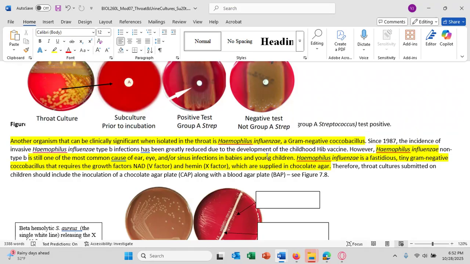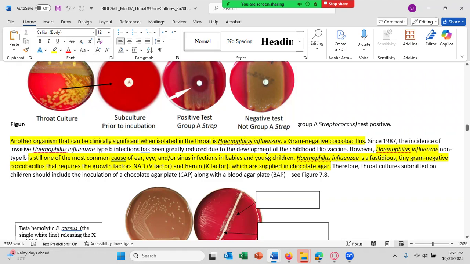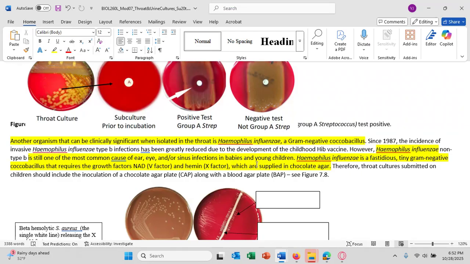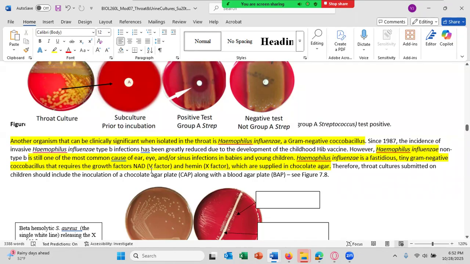Not so much in older children and in adults. Haemophilus influenzae is fastidious, a tiny gram-negative coccobacillus, requiring the growth factors NAD and hemin, and that's the V factor and the X factor, which are supplied in chocolate agar.